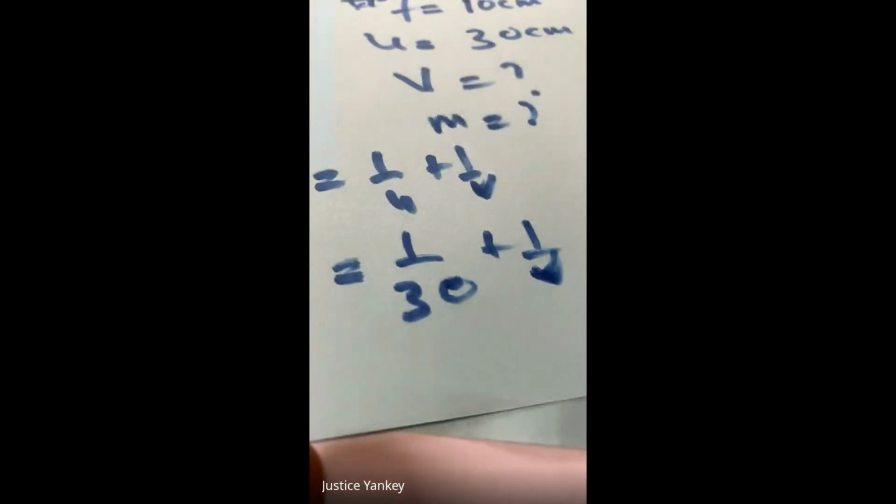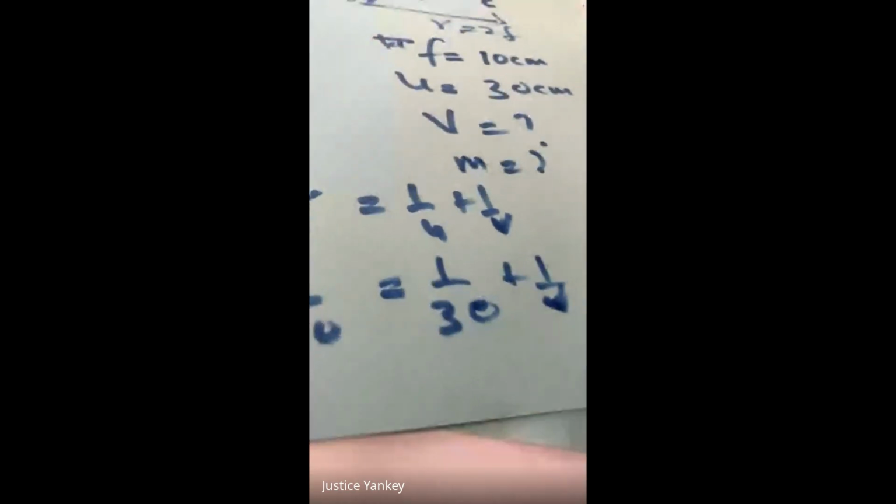How do you solve for v? You know how we deal with fractions, right? When you are adding fractions, you find the LCM first. So we have 1 over 10 equals 1 over 30 plus 1 over v.